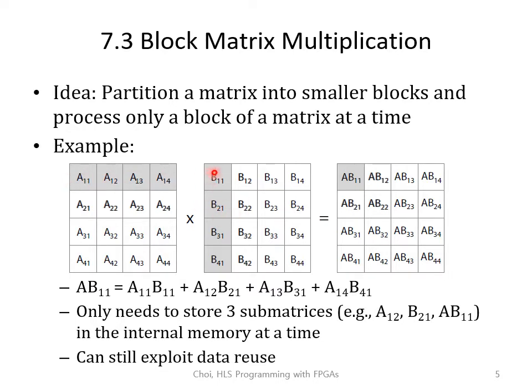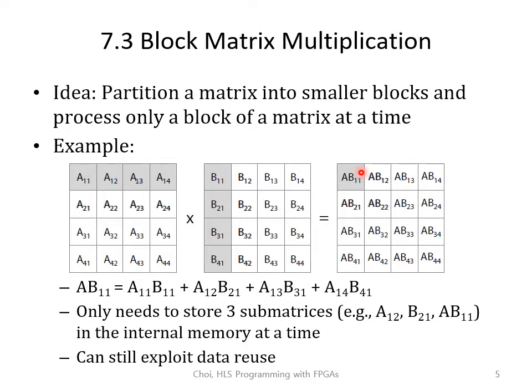We keep doing that for all four submatrices and add up to the submatrix AB11. We're going to do this operation for all the submatrices in AB. That's what blocked matrix multiplication is doing.